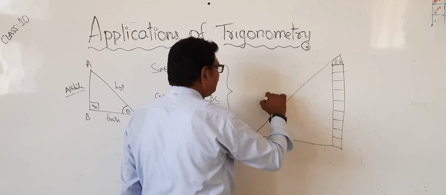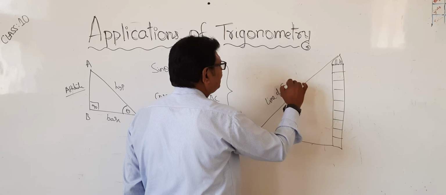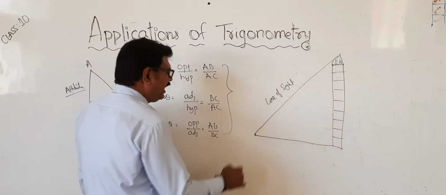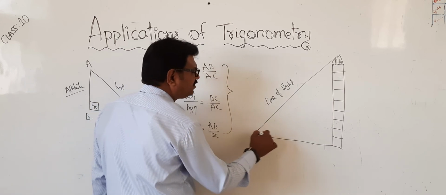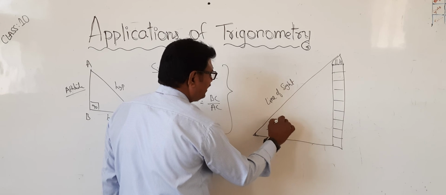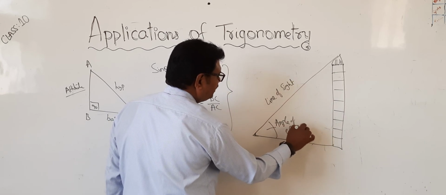This seeing is nothing but line of sight. What is this called? Line of sight. And the angle between the line of sight and the horizontal line is known as angle of elevation.